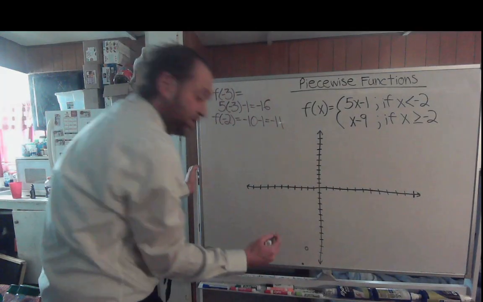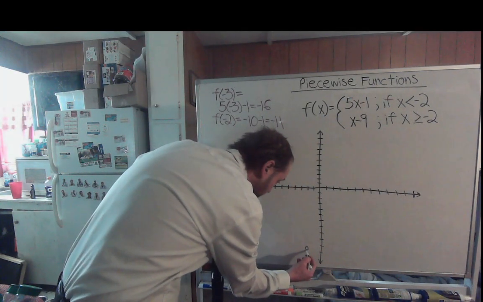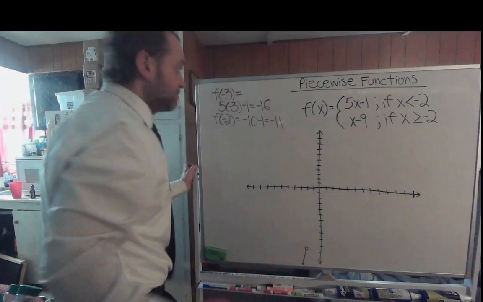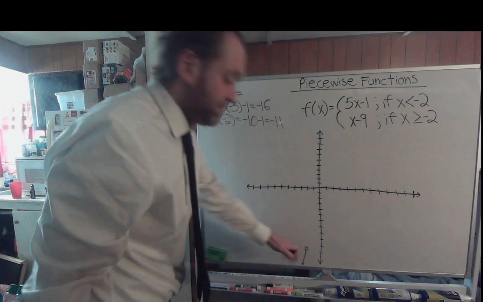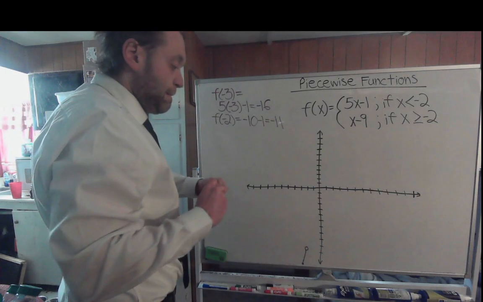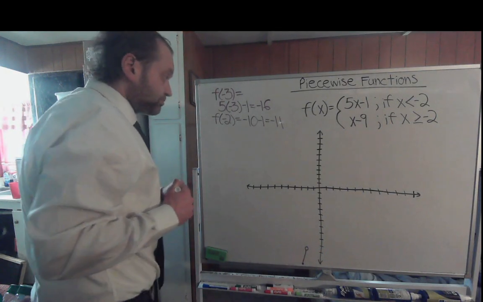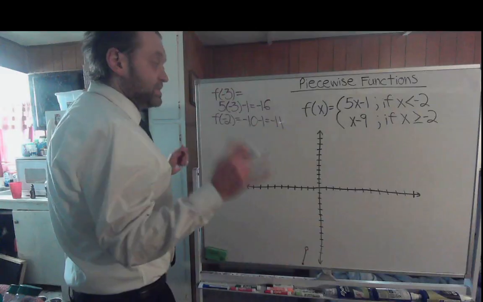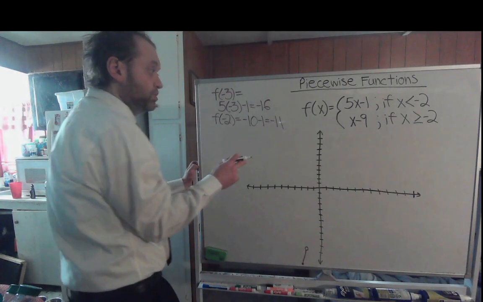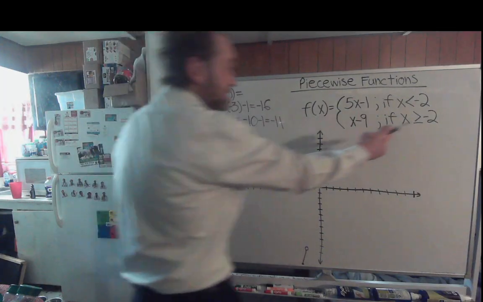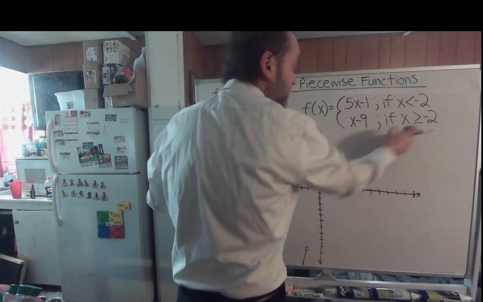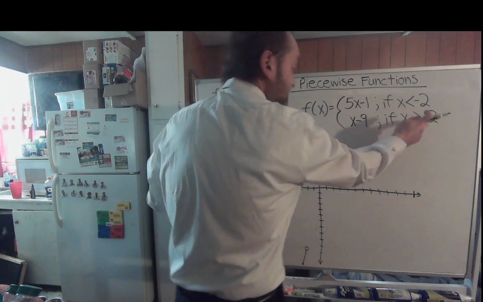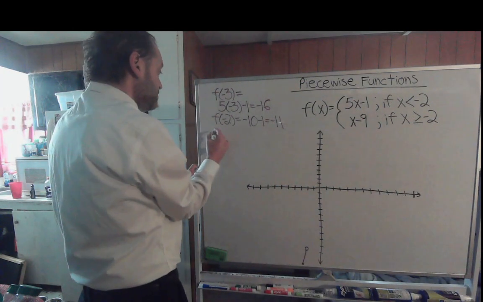So since my function is not actually defined there, I'm going to draw an open dot, but I'm still going to connect the points between negative 3 and negative 2 for my x values. Now, what I really need to define here is f of negative 2, since negative 2 is part of your domain for the function f of x equals x minus 9, if x is greater than or equal to negative 2.